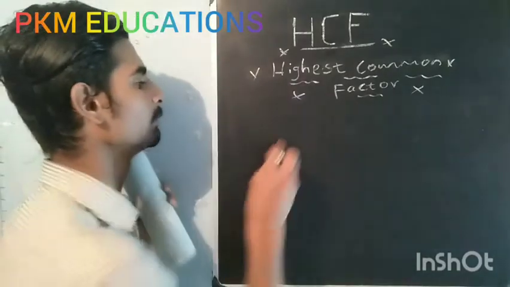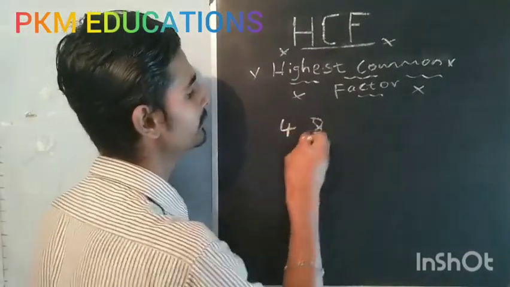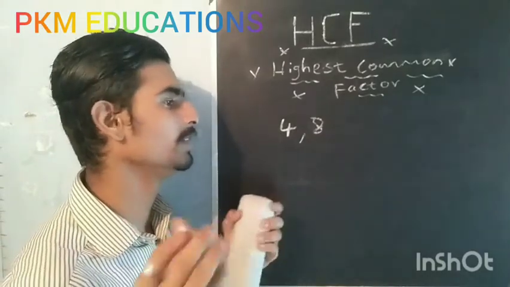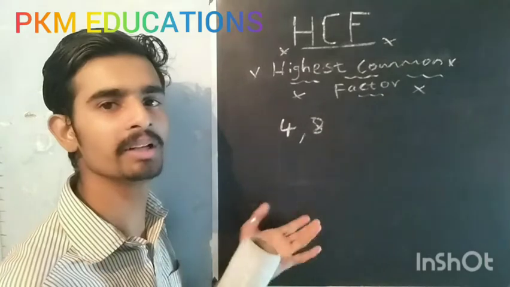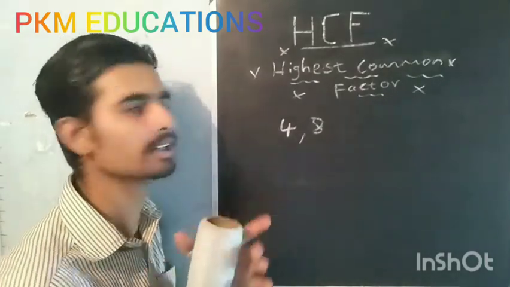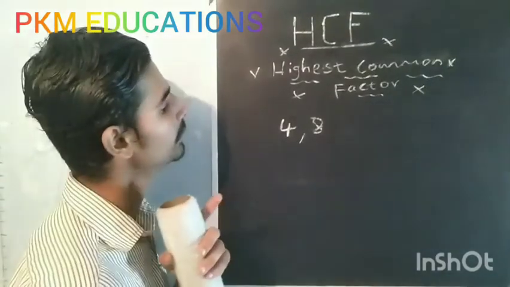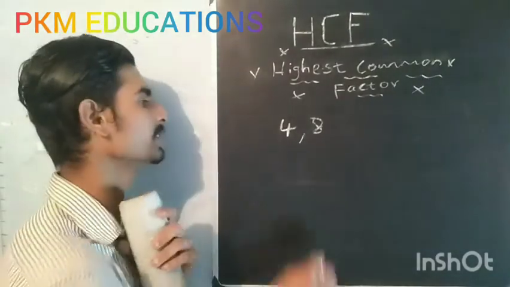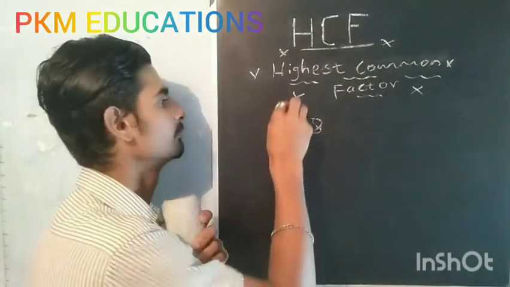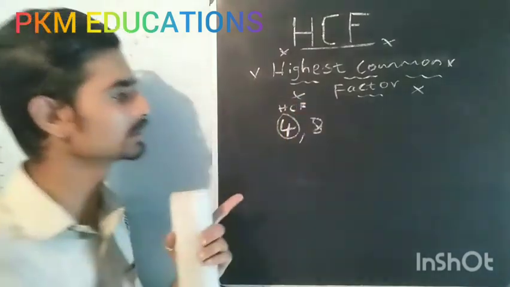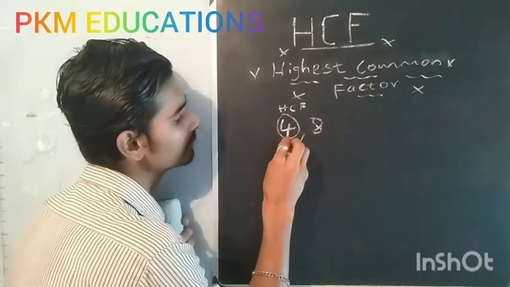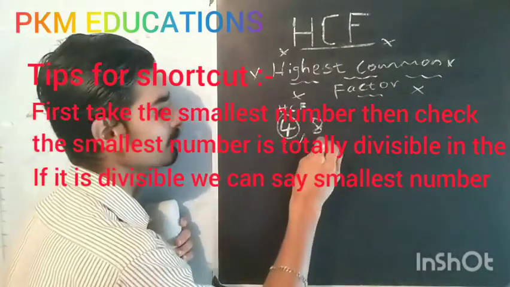If I am taking 4 and 8, here I am not using the conventional method or any old method. I am taking the shortcut for finding HCF. Here I am directly saying 4 is the HCF, because using this shortcut method you want to check whether the smallest number is divisible into the biggest number.